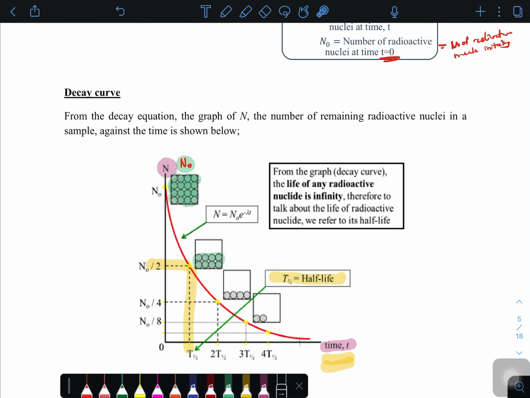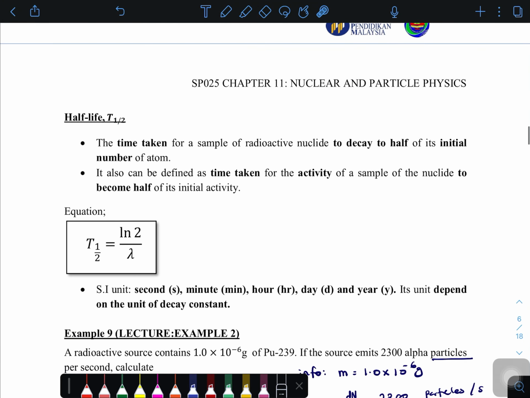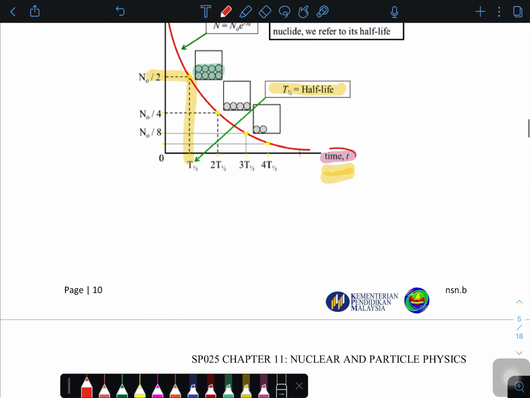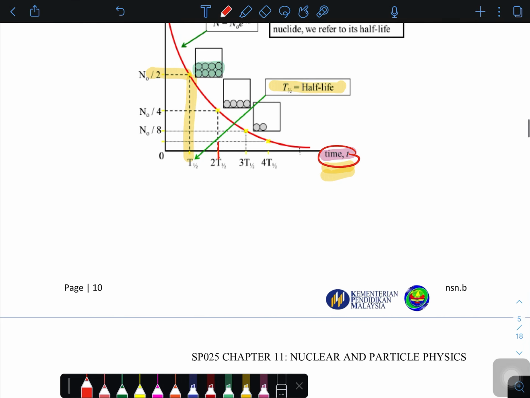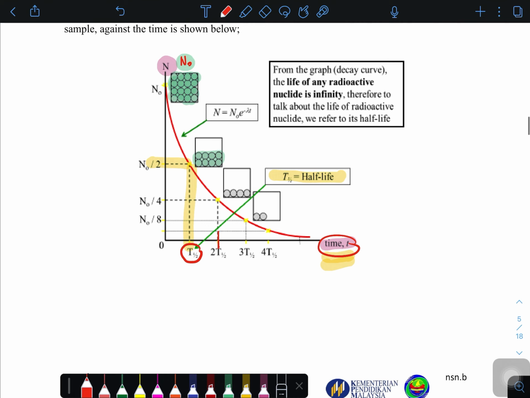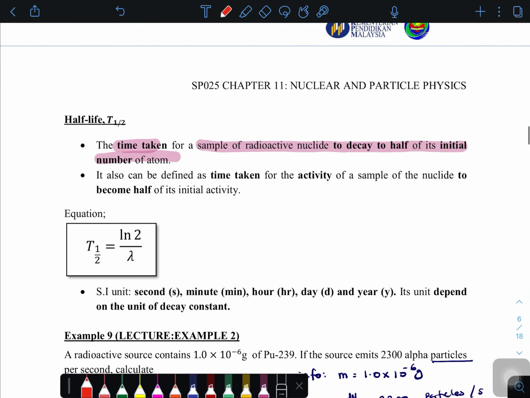So the half-life is the time taken for a sample of radioactive nuclei to decay to half of its initial number of atoms. As I said, it is not half of the time, not the time here being halved, but the time required for this quantity to become half. When N becomes N naught over 2, where the initial is N naught, the time at this point is the half-life. It can also be defined as the time taken for the activity of a sample of the nuclide to become half of its initial activity.